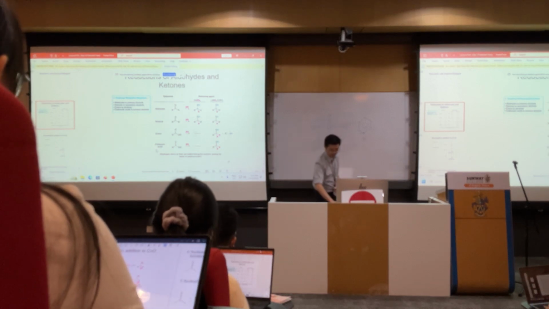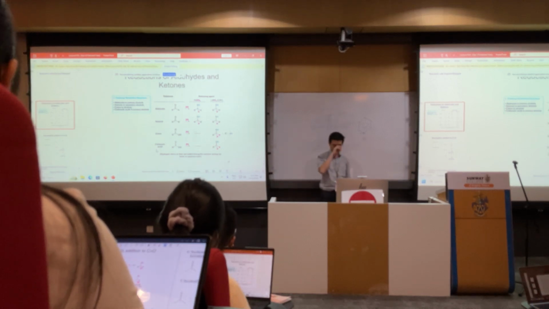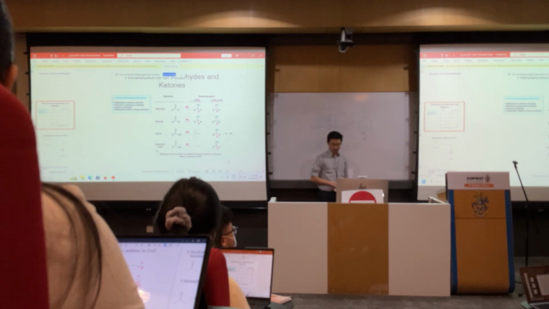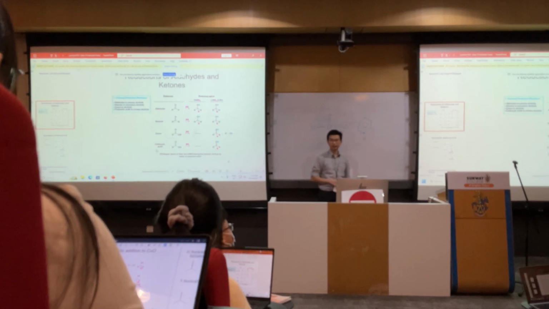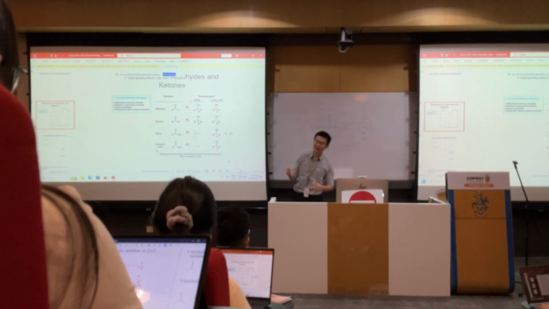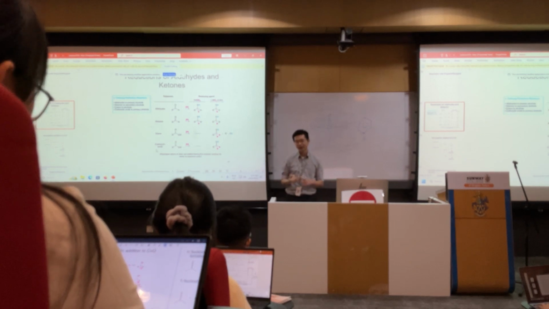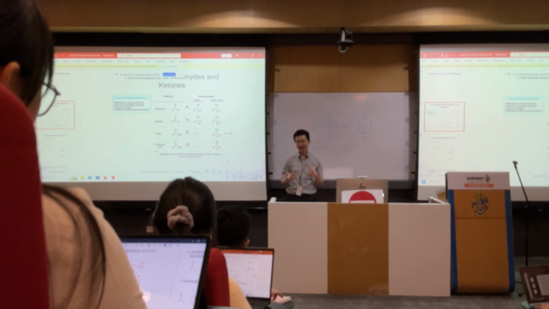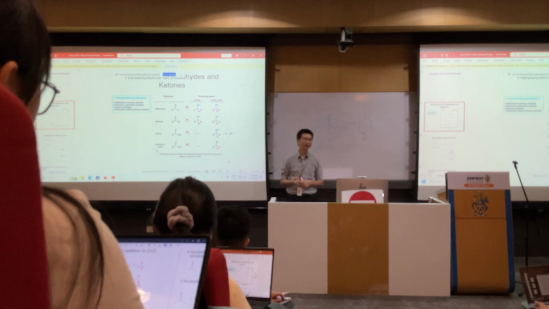Okay. So this is a reverse to what we learned for the oxidizing agent. So oxidizing agent we have three, right? PCC, CrO3, and also Na2Cr2O7. Okay.